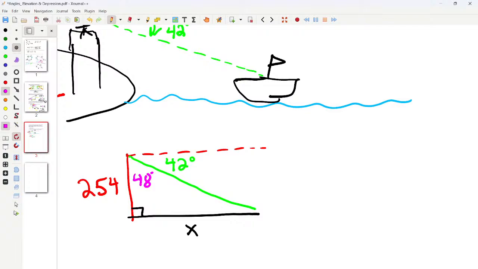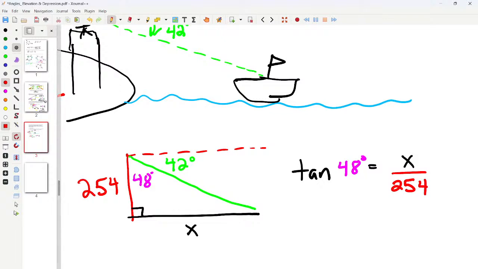So we're going to use tangent again. It's not always tangent, just happens to be that right now. Tangent of 48 is opposite over adjacent. All right, this is a one-stepper, meaning just multiply by 254, toss it in a calculator, and you'd be good.